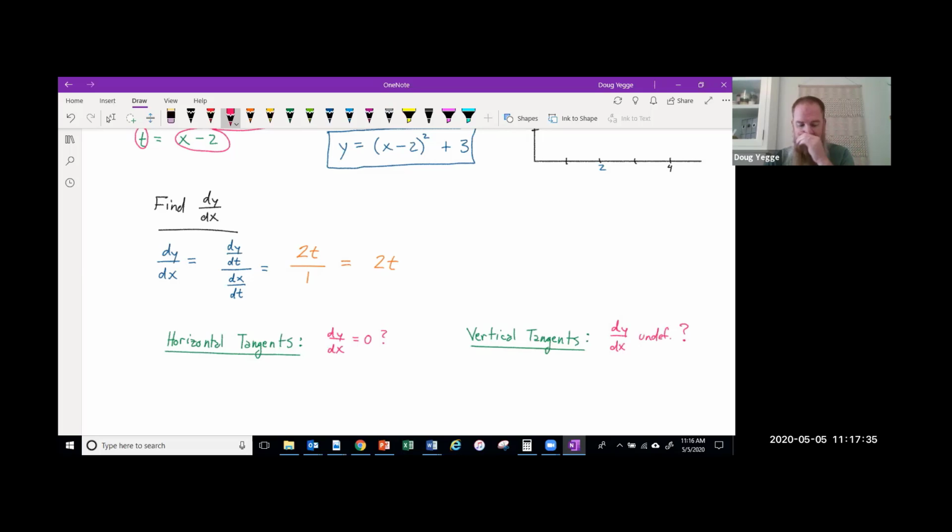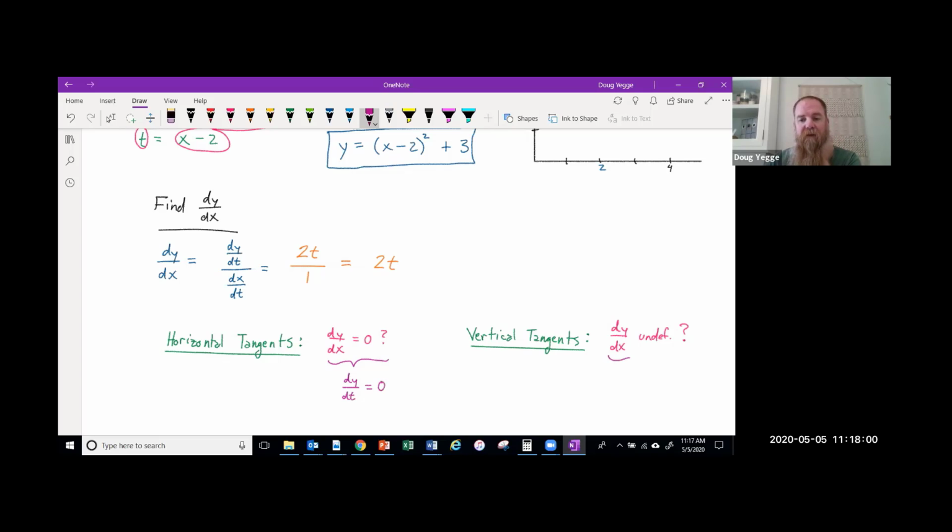All right, so we're finding when dy/dx is undefined. But let's think about it in terms of this fraction. As Sophia was noticing, dy/dx is equal to 0 when the numerator is 0. So that's going to happen when dy/dt equals 0.